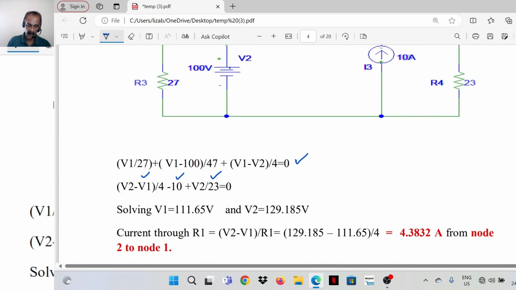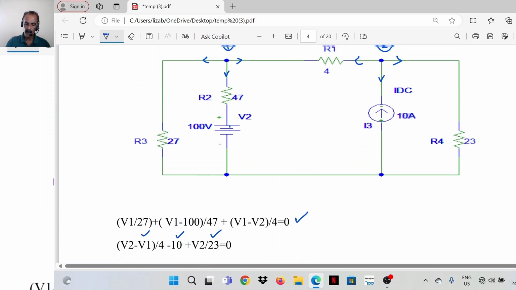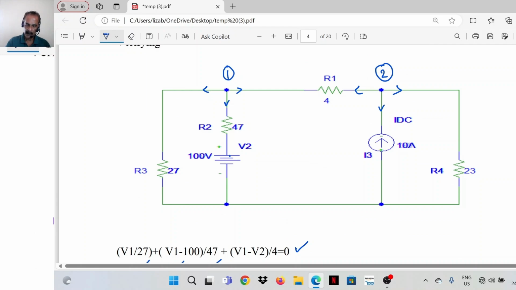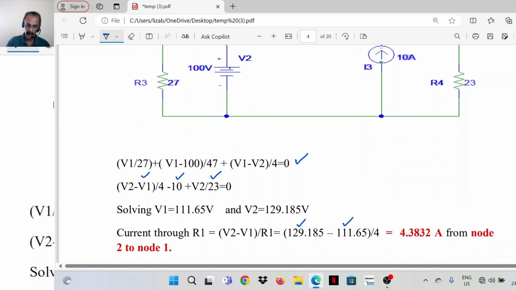Voltage V2 is 129.185 and V1 is 111.65. So the current should flow from node 2 to node 1, as it is at a higher potential.